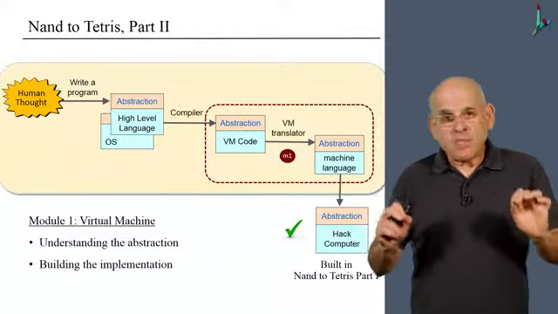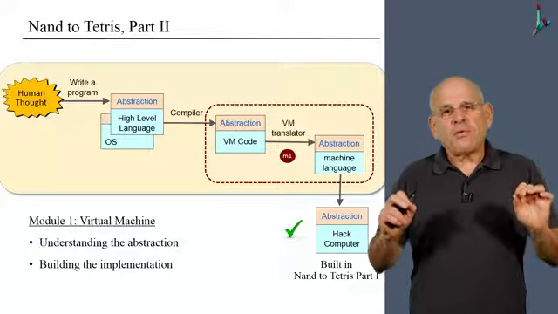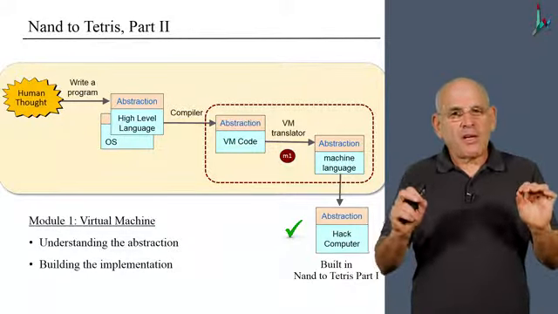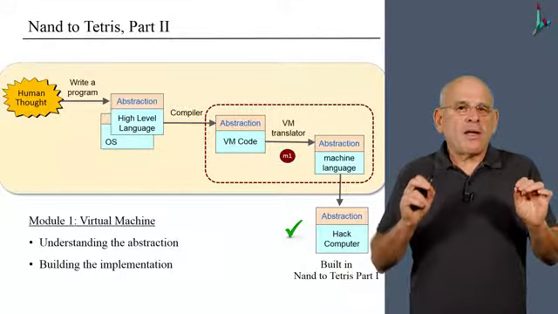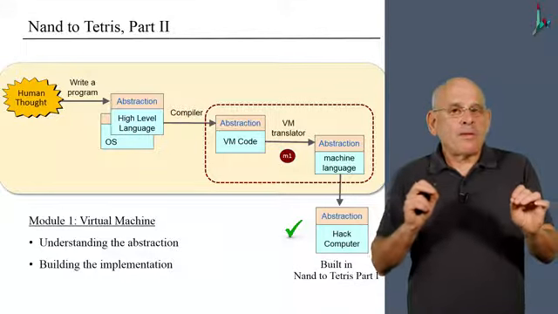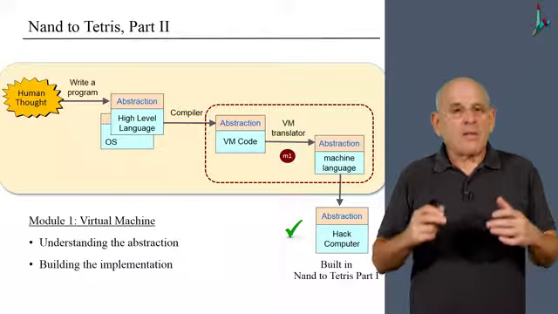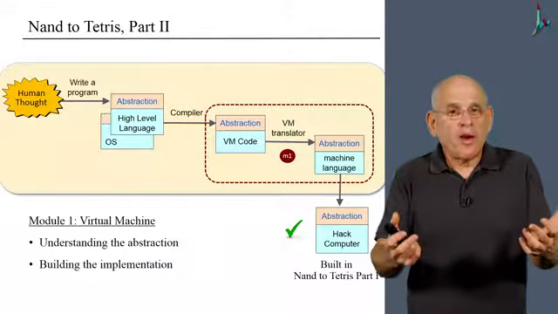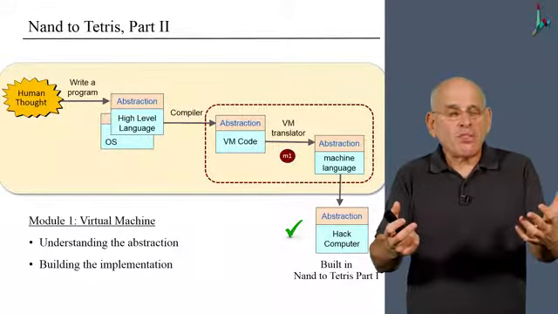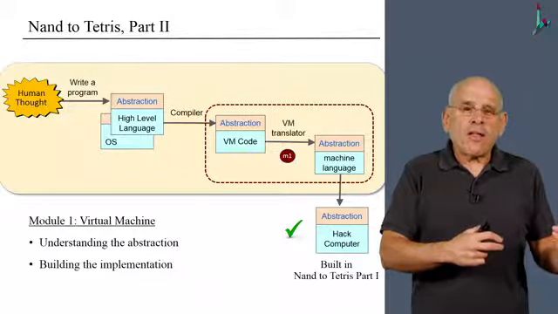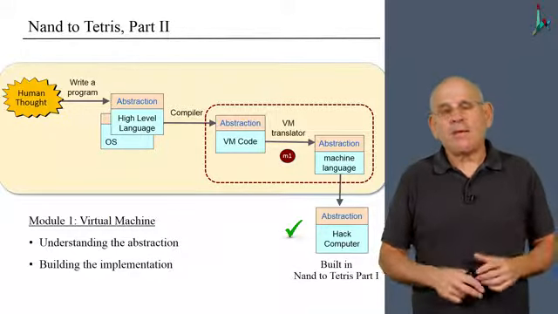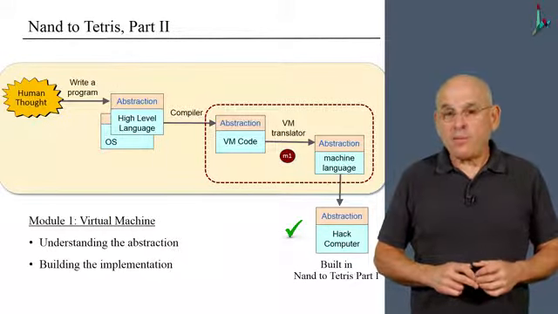So in this module, we are going to focus on the virtual machine, and we are going to do it using two separate perspectives. First, we'll think about what the machine can do for us. This is the abstract view of the machine. And then we'll talk about how to actually build it, how to implement it, and make it work.